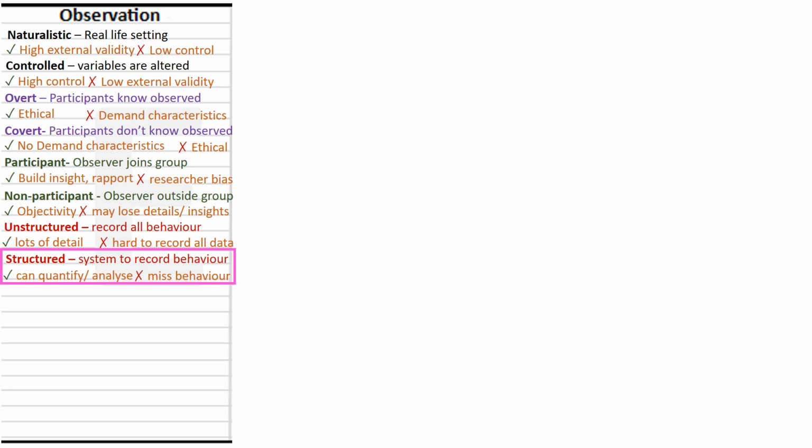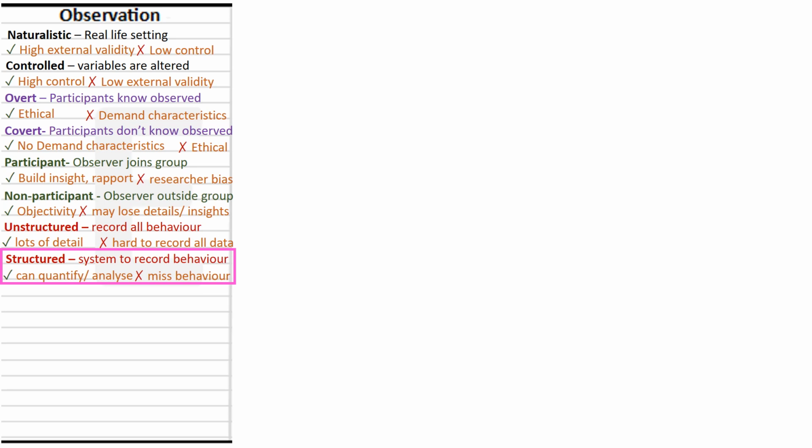The downside to this is, if you are going to structure your observation to look at just a very few types of behavior, we might miss some really interesting things that go on. We might see it and go, you know what, that's just not what I'm looking for, I'm not going to record that, and then we could lose some valuable insights.